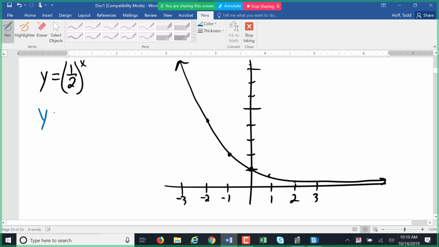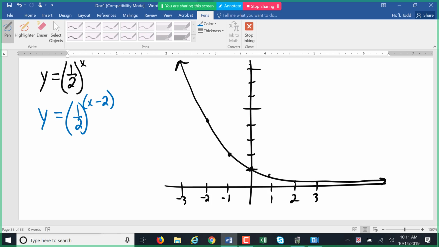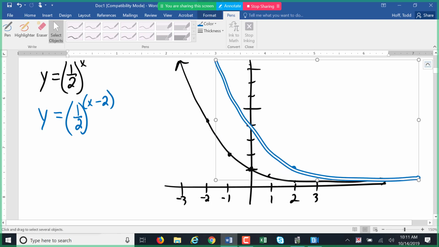If I alter that, y equals (1/2)^(x minus 2), I've adjusted the x. Remember, I always go the opposite direction. So what direction is this graph going to move? To the right, 2 spots. So I'm going to go 1, 2 spots to the right. So my graph just slides over 2 spots to the right.